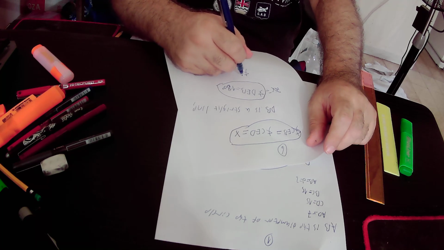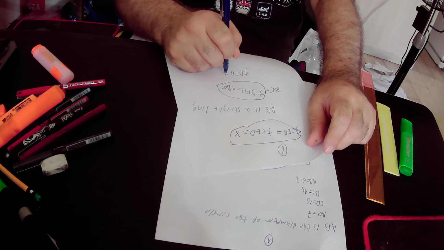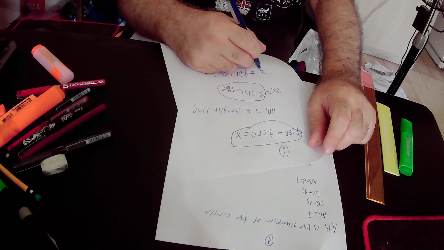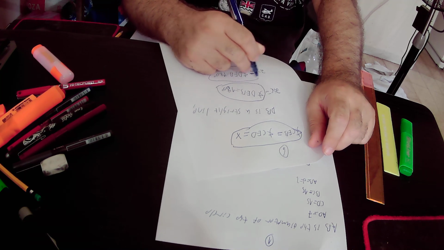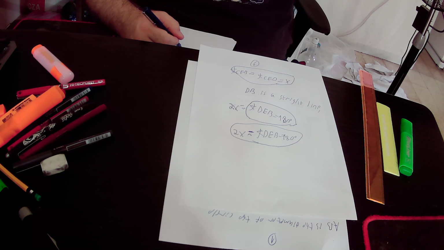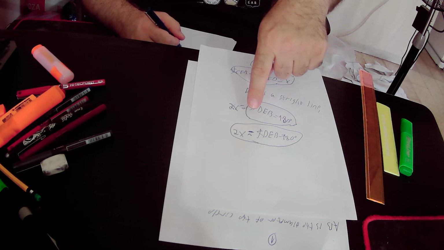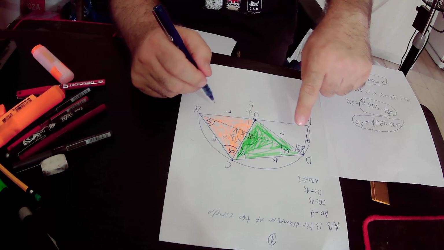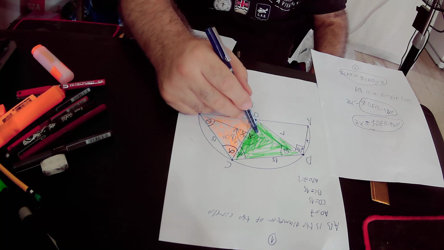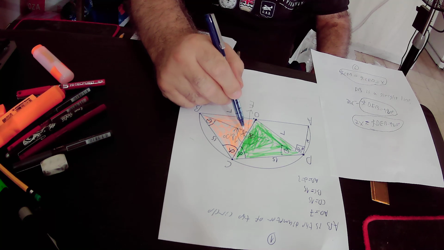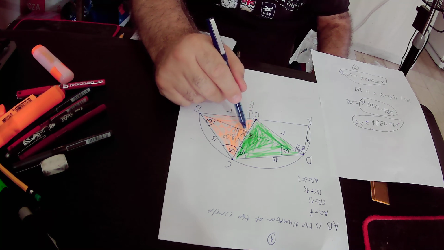So angle DEB equals 180 degrees from one side because it is a straight line, but from the other side angle DEB equals 2x.